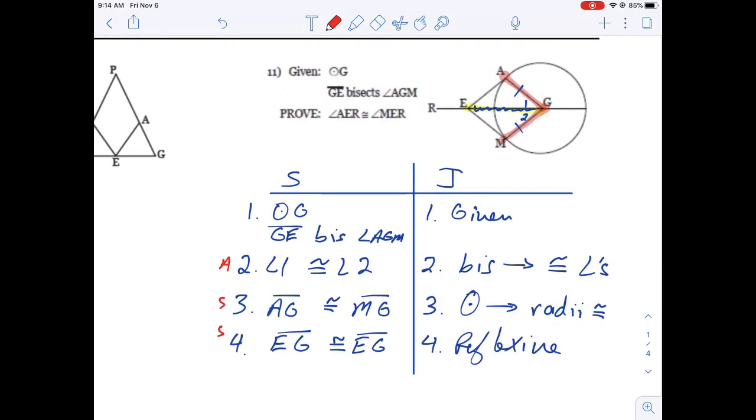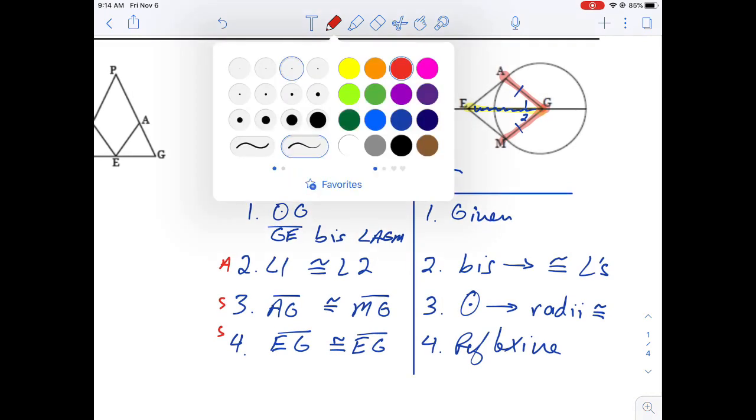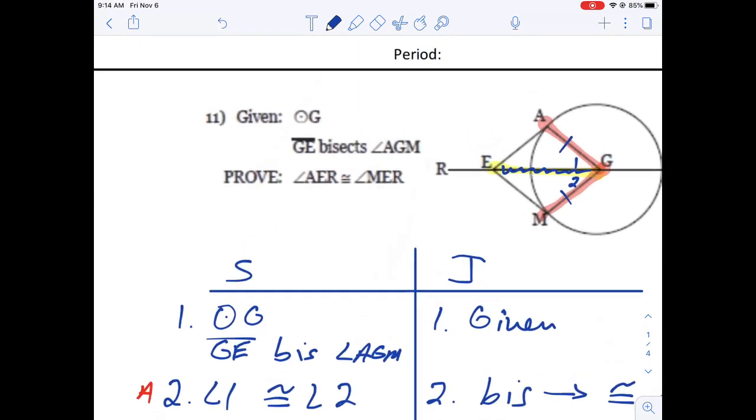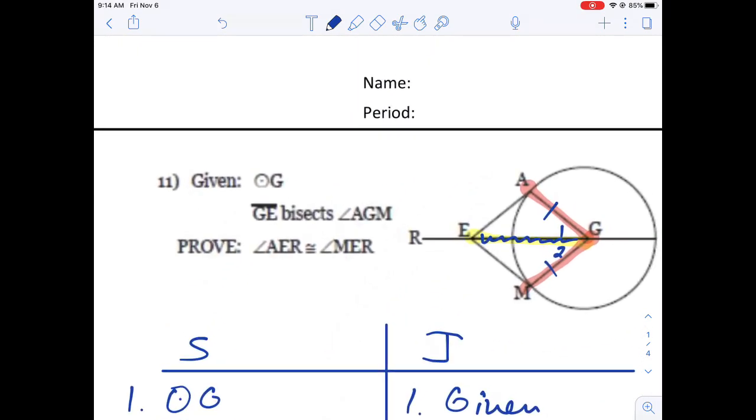So we now have congruent triangles, which will help us get where we need to go to prove in the end. Let's even take a minute to look at what we're trying to prove. I didn't even think of that. So AER, which I'm going to call angle 3, is congruent to MER, angle 4. These are angles that are actually outside of the triangles we're looking at.